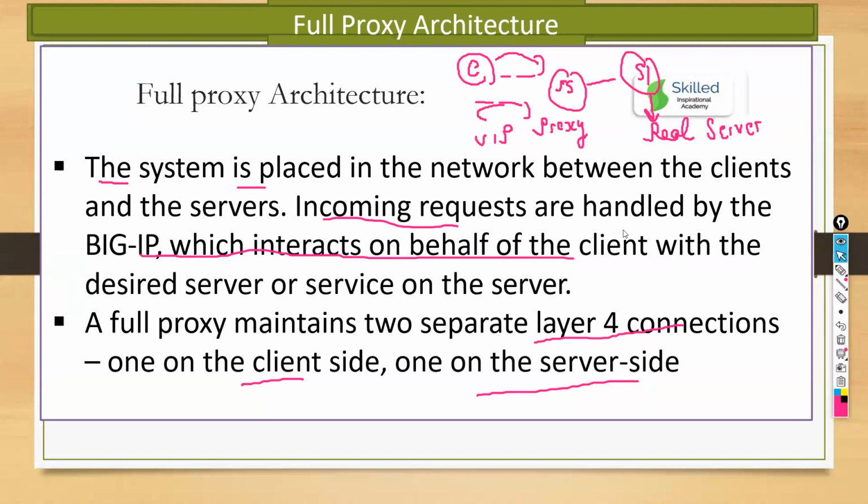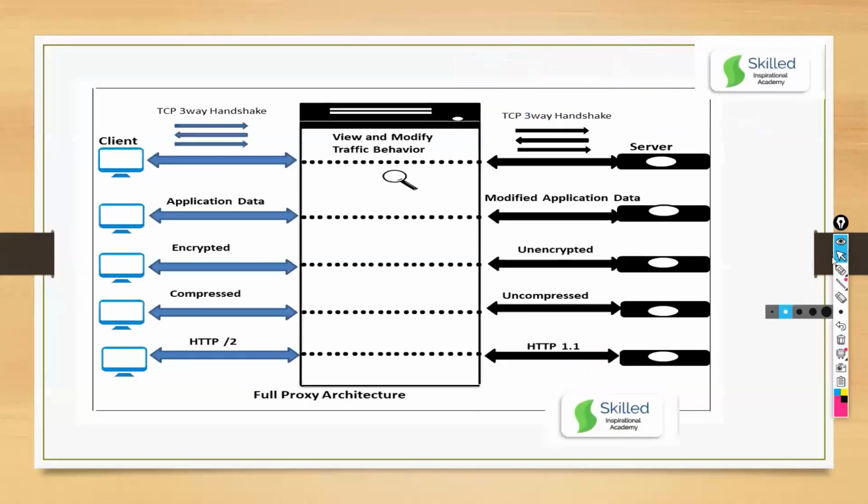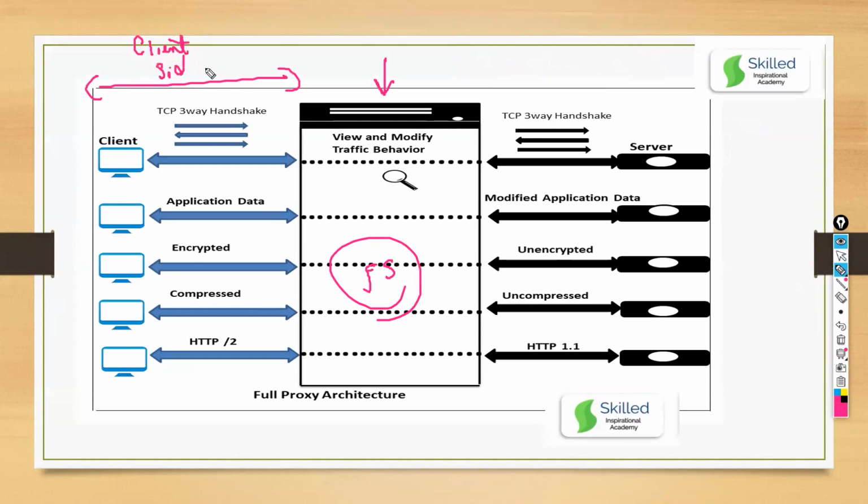Now we will go further. Very, very important architecture, which I was discussing: when F5 is in the picture, there will be two handshakes. This is called the client side connection and this is called the server side connection.